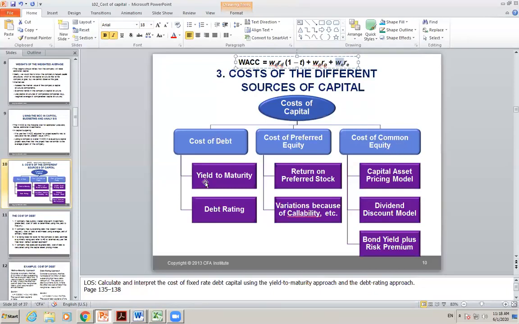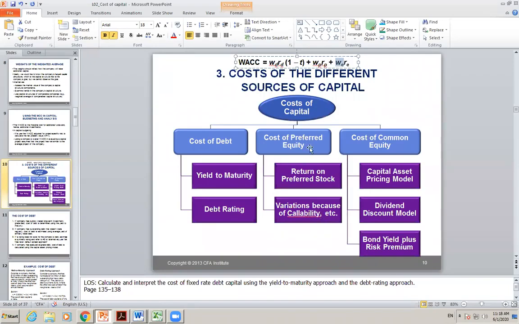These subgroups show the way of estimating each cost, okay? The cost of debt is estimated through the yield to maturity or debt rating methodologies. The cost of preferred stock is estimated through the return on preferred stock, or with a variation because of callability.